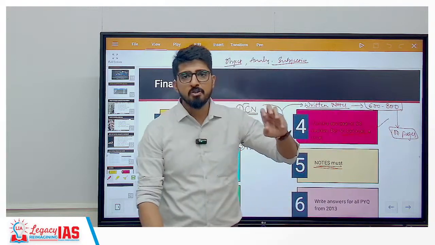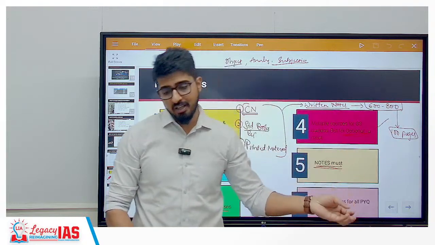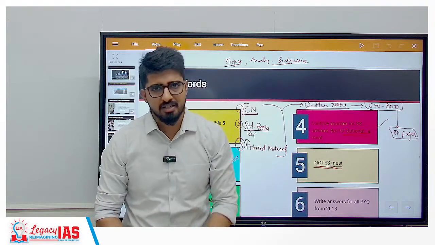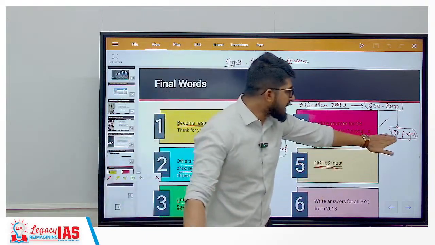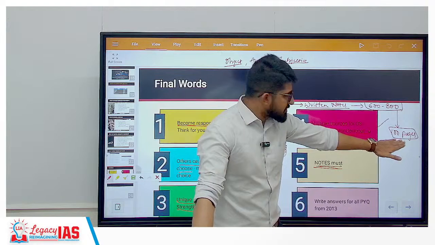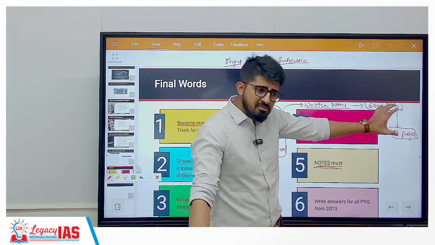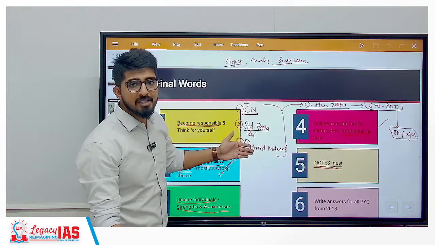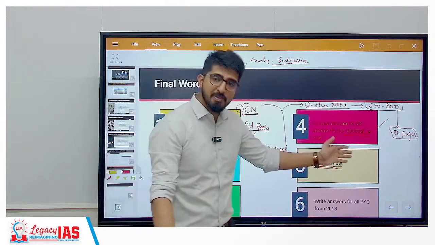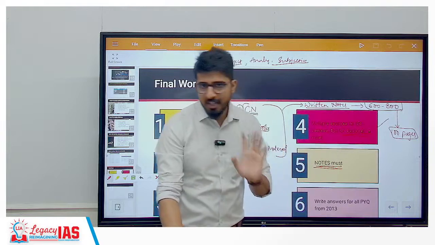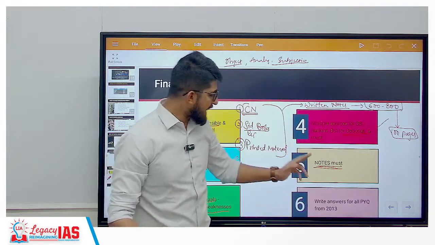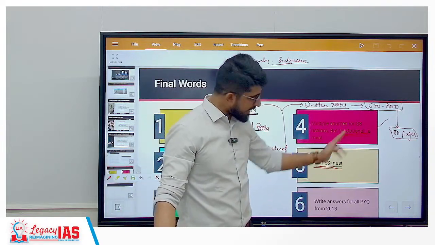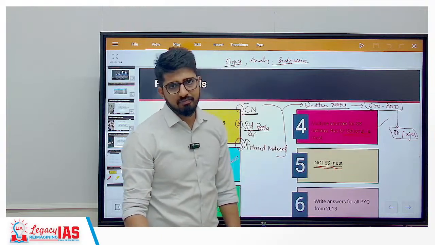You will be able to pick the points from various chapters in order to infuse them into the answers. 100 pages, you will be able to revise many times. 600 to 800 pages, few times. But these many books, you will not be able to revise multiple times. Until and unless you revise multiple times, you will not be able to write good answers. For that reason, making the notes is a must, and then the short notes is a must.